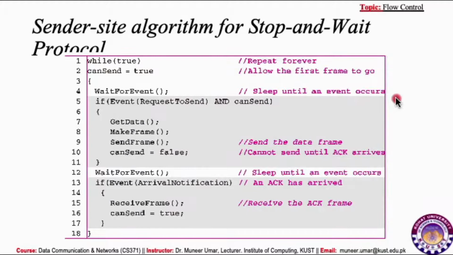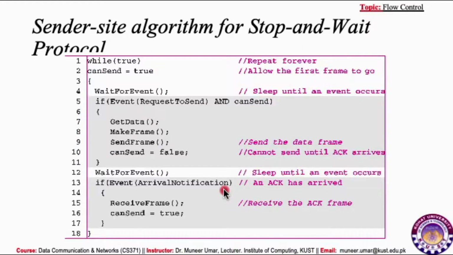This is the algorithm for stop and wait protocol at the sender side. Here, two events can occur: a request from the network layer and an arrival notification from the physical layer. The response to these events must alternate.